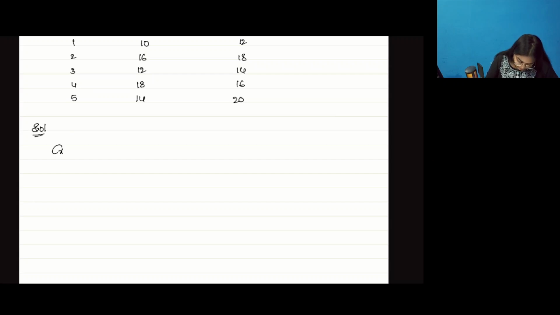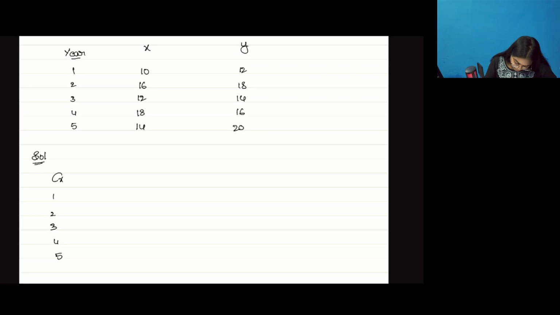So we'll go with sigma x. Years 1 2 3 4 5, x bar, x minus x bar, x minus x bar whole square. 10 16 12 18 14, the average of 10 16 12 18 plus 14 is 14.